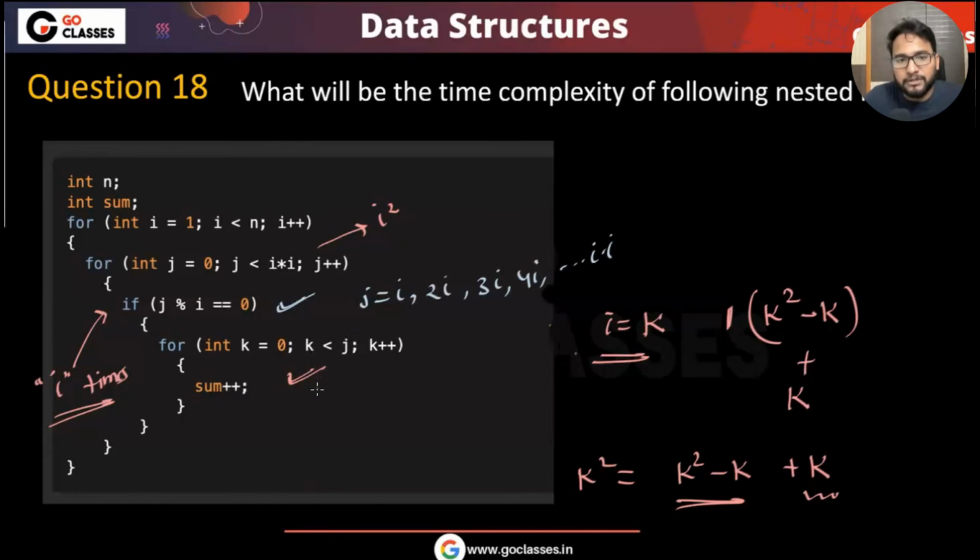So overall I can say j into k. We will figure out how to formulate all of this. So overall for i equal to k, k square minus k times I'm going to do just constant operations, but k times I'm going to run this j. Is this okay to everyone?